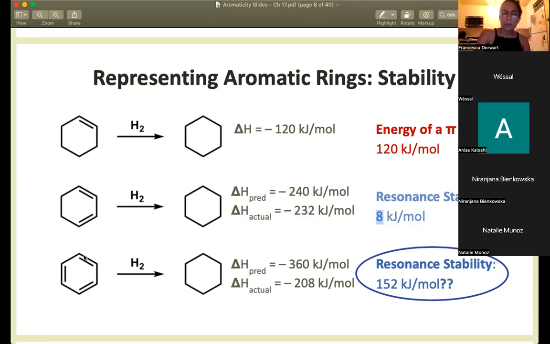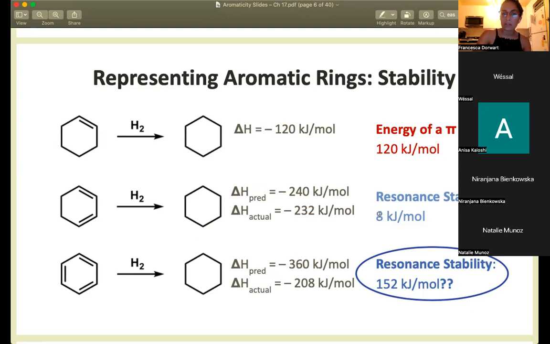But then when I do benzene and I hydrogenate it and I measure the heat released, okay, what I predict to be around 360, right? Because we said every pi bond is 120, 120 times 2 is 240, times 3 is 360, right? Well, let's just say I get even double the resonance.